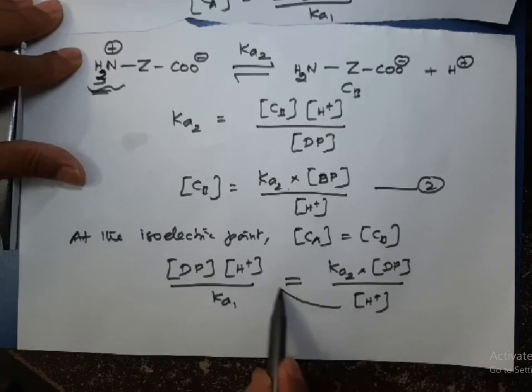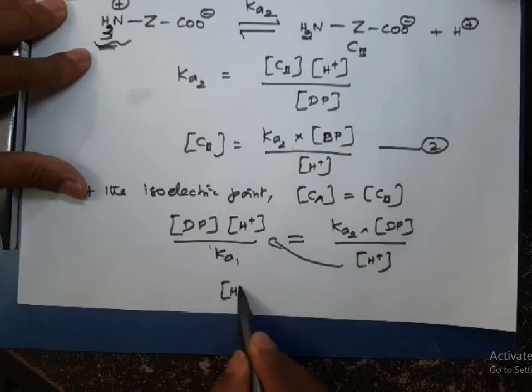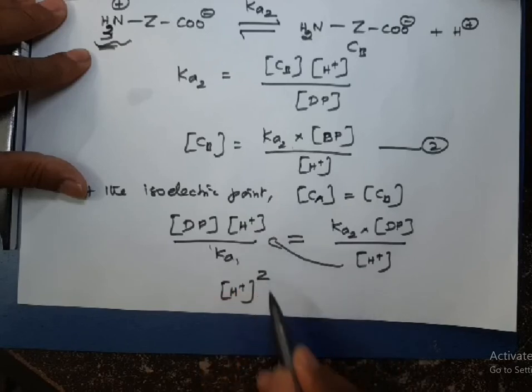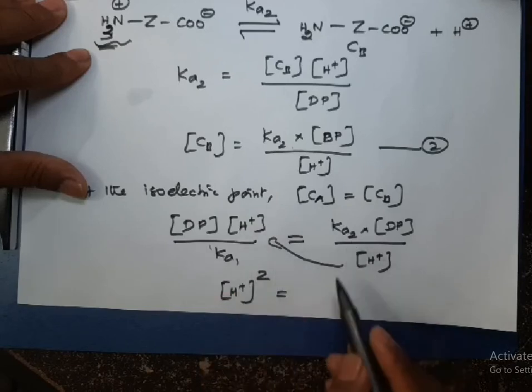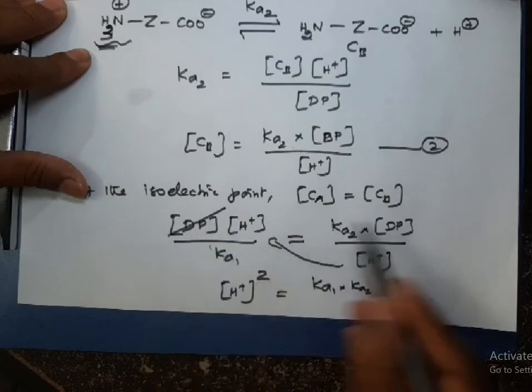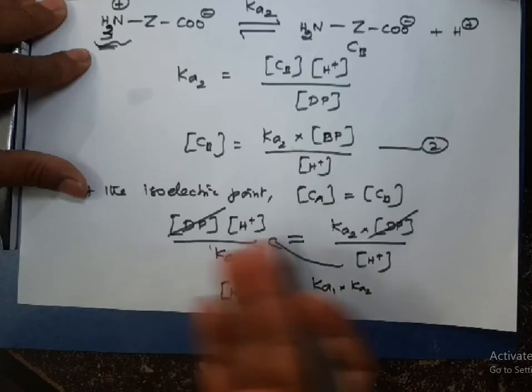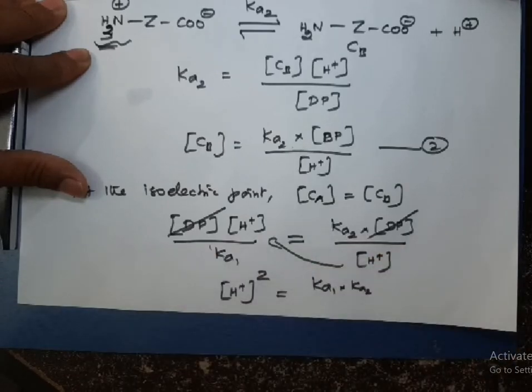I'll bring H+ here and all other terms to the right hand side. So H+ times H+ becomes H+ squared equal to Ka1 times Ka2. The dipolar ion concentration cancels because it is the same in the solution. So now H+ squared equals Ka1 times Ka2.